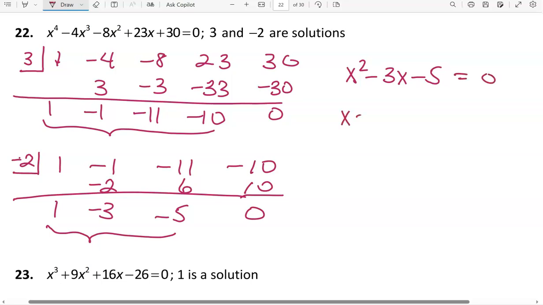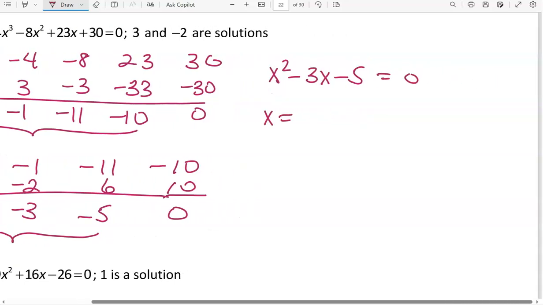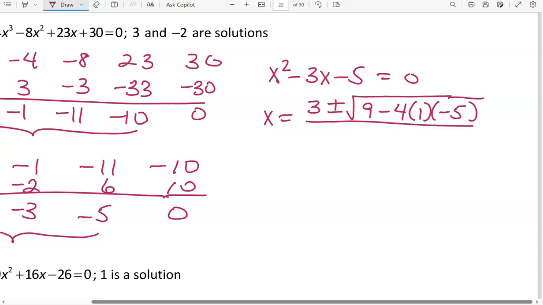And this is perhaps best solved by the quadratic formula. So x equals the opposite of b, plus or minus the square root of b squared, which is 9, minus 4 times a times c, and that's all over 2 times a.